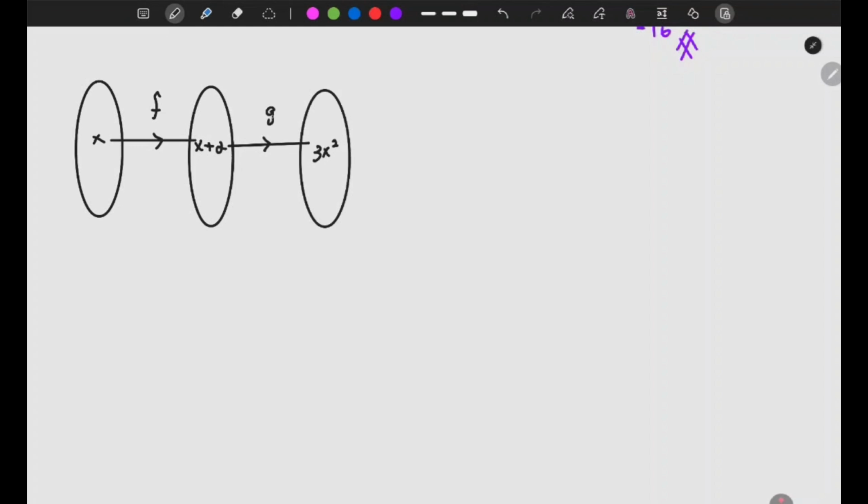So now let's just say the question asks, by using the function notation, state the function f. Maybe this will be the first question. The second question, state the function g.